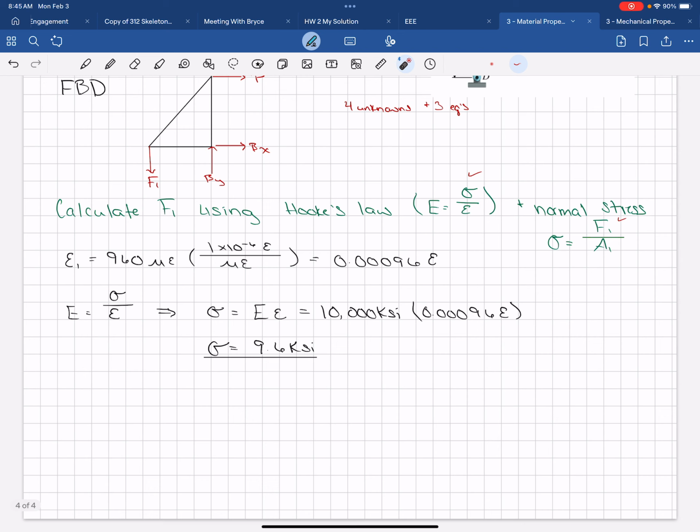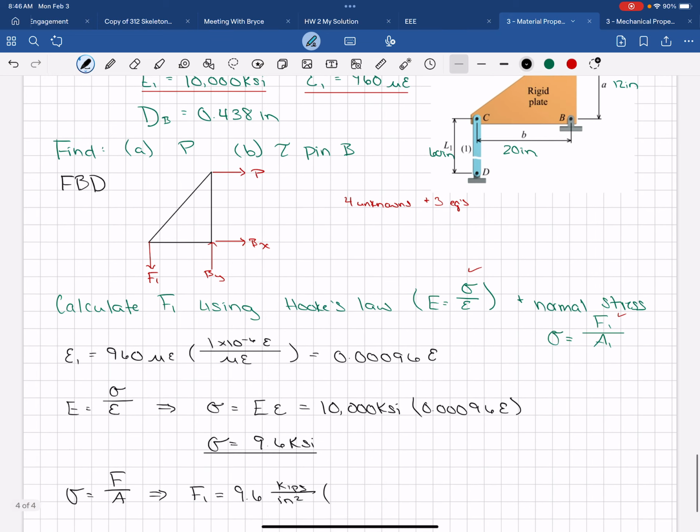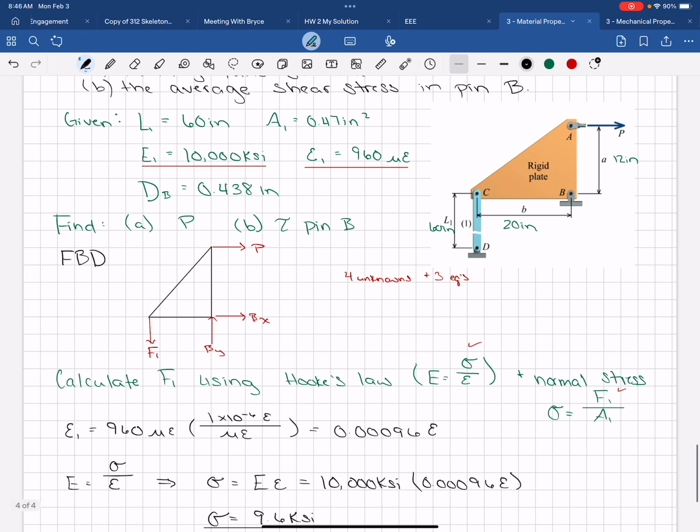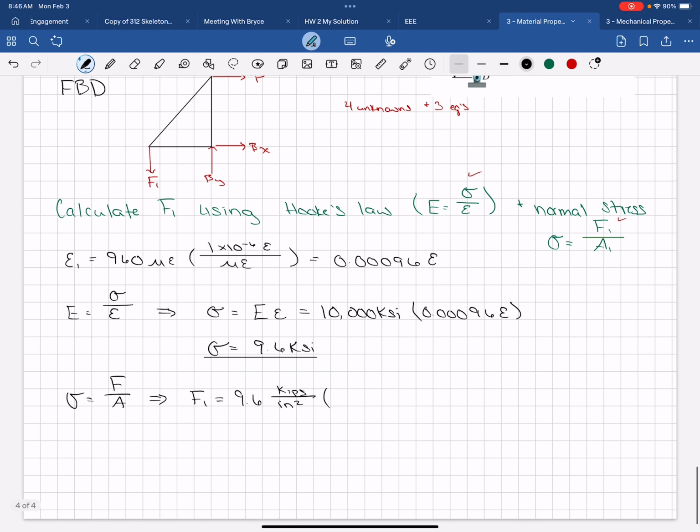Okay, so then we have that sigma equals F over A. So we have F1 equals 9.6 kips per inch squared times the area, which is 0.47 inches squared.